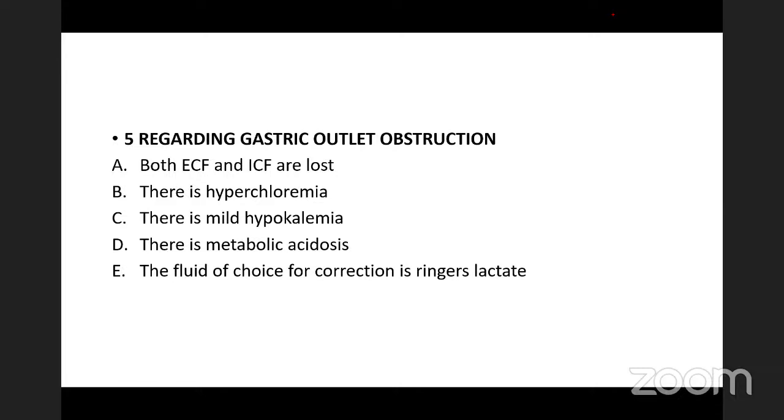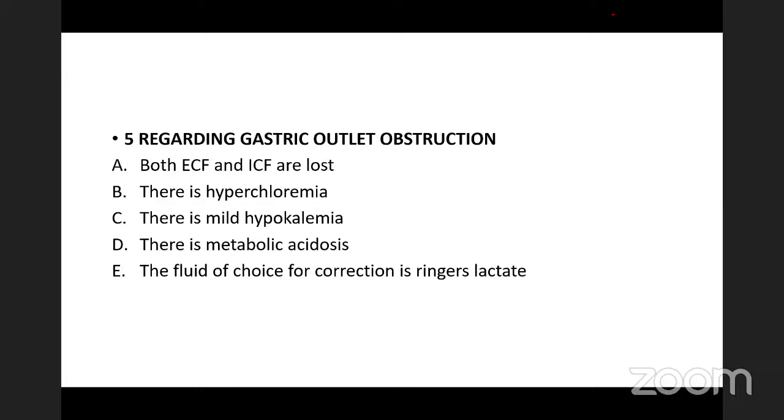Okay, now remember, in a patient with GOO, gastric outlet obstruction, patients have chronic dehydration. That is, the patient is having both ECF and ICF loss.